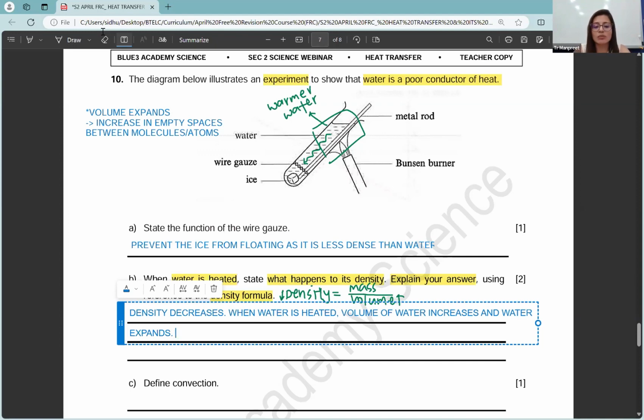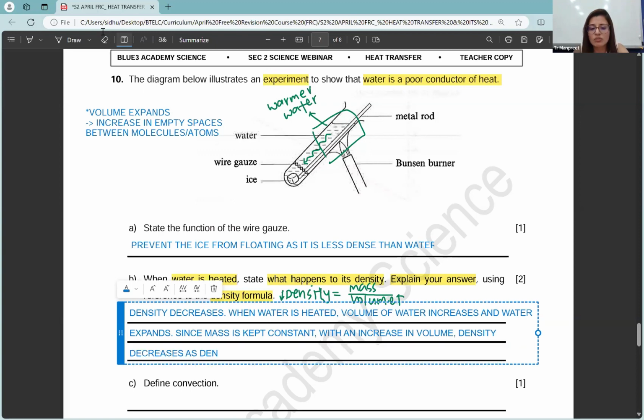So mass is kept constant, and with an increase in volume, density decreases. You can write about the density formula: density is mass per unit volume.